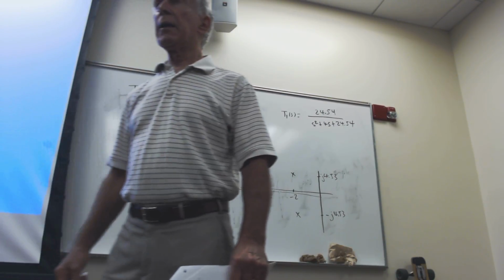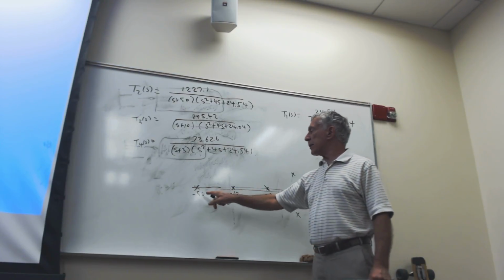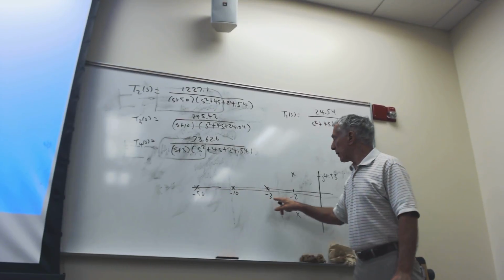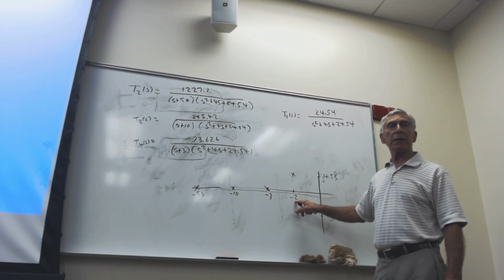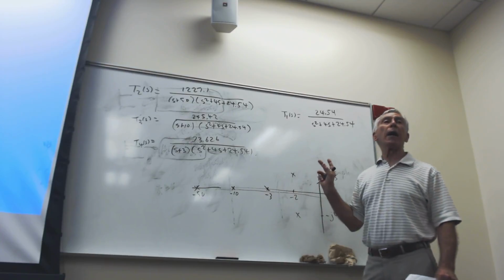Go ahead. The reasoning is that this pole is most distant from this real component here. In fact, the ratio is 25. This one, it's 5, right?